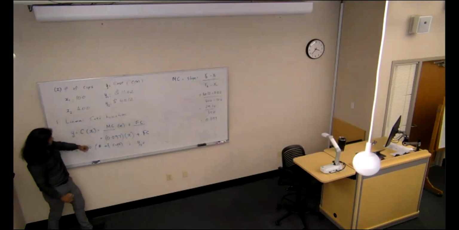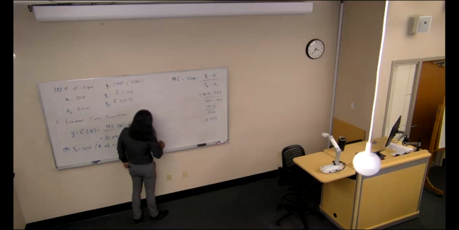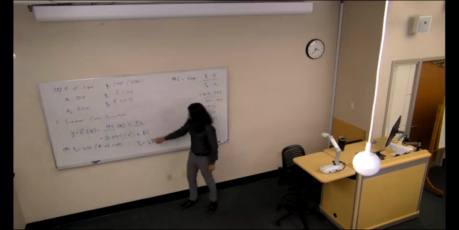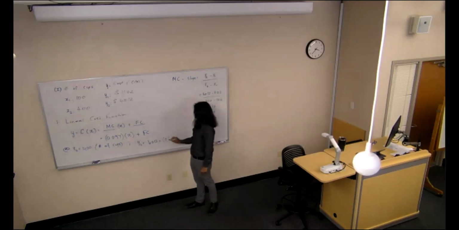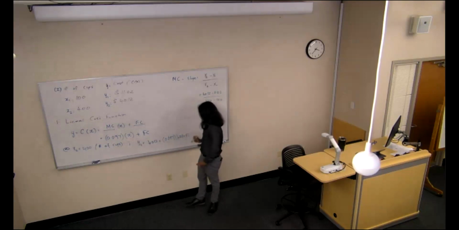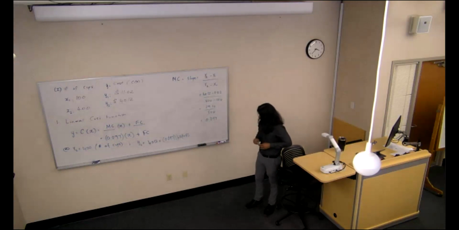Y2 is 40.12. Plug in 400 in there. And solve for fixed cost. Go ahead.